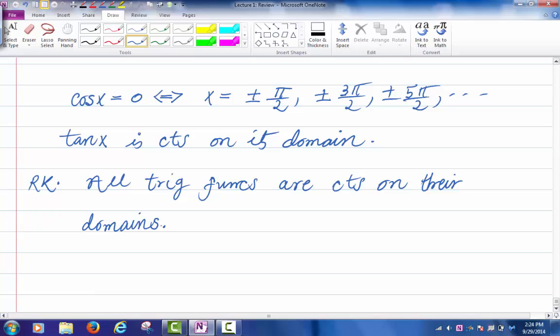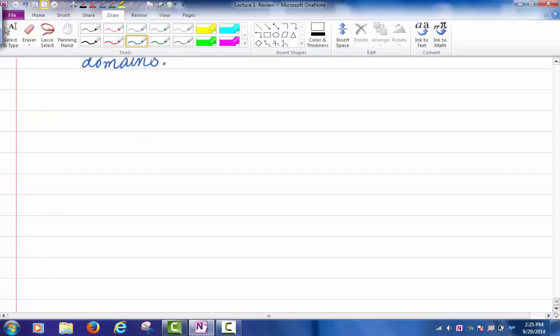Is everybody okay with what I said? Okay. If you know the domain, you know where the trig function is continuous. Again, RK means a remark, okay? RK means remark. Here's a theorem.